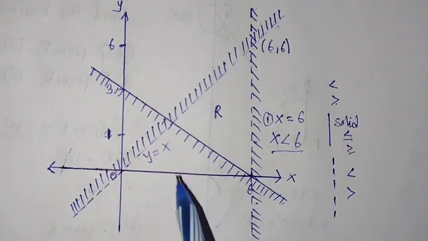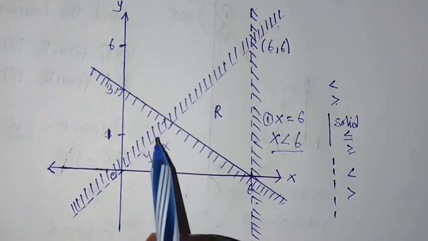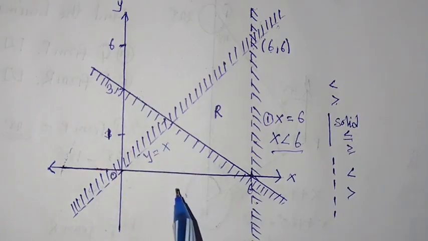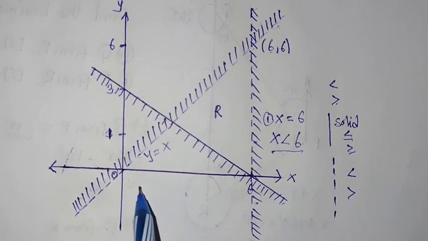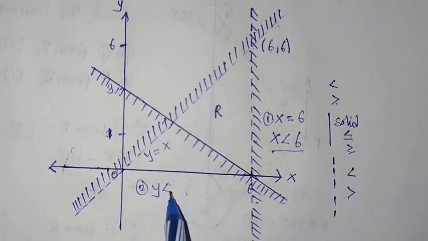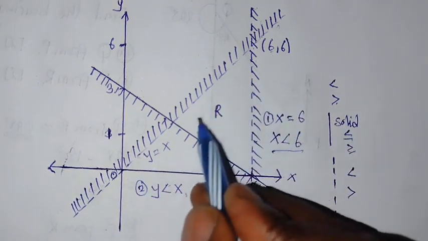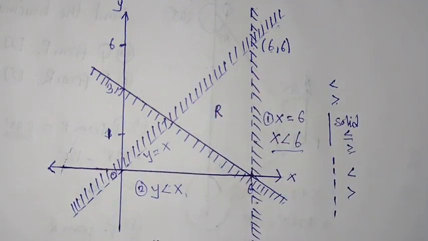The upper region is the one that is being shaded, and the lower region is the one that is not shaded. So we are describing the unshaded region. For line 2, the inequality will be y is less than x. Because the line is a dotted line, but if it was a solid line, I would have added the equal to.